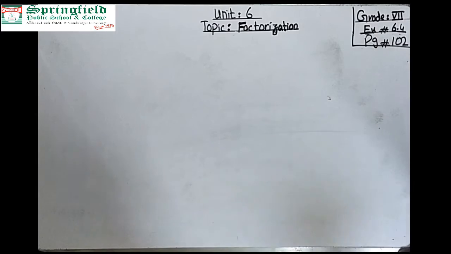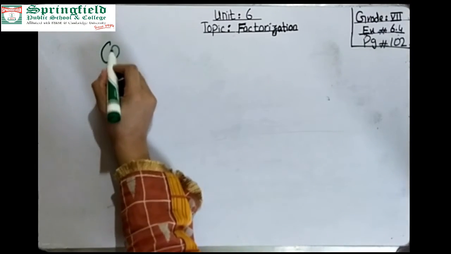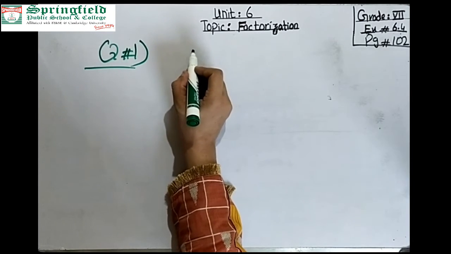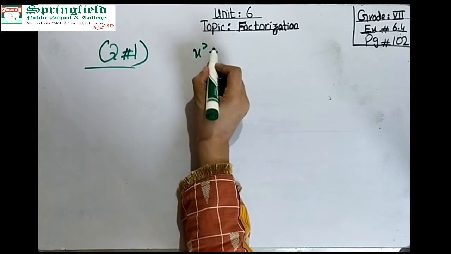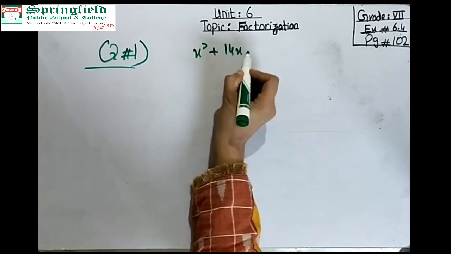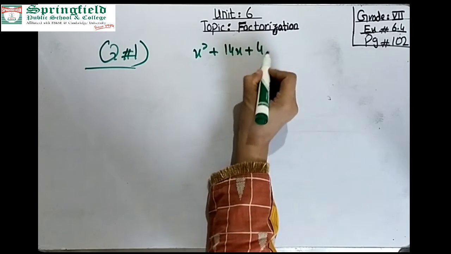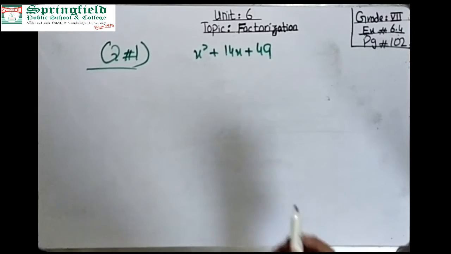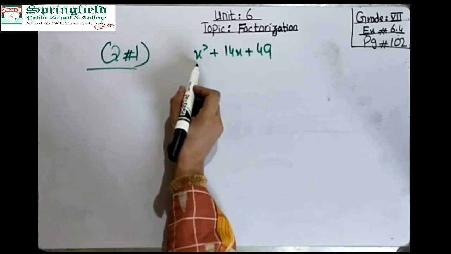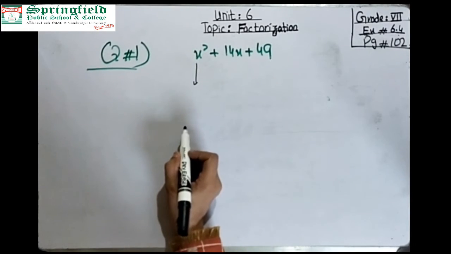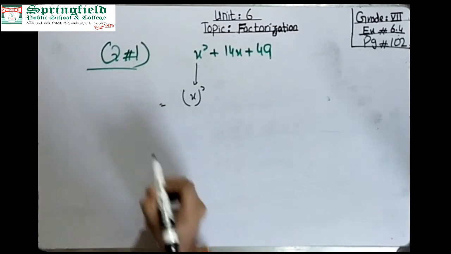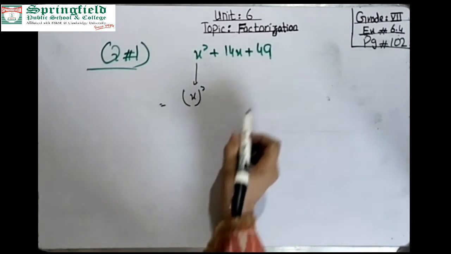Question 1 is x square plus 14x plus 49. Now how can we make the square? Okay beta, the first term is x square, so we can write (x) whole square, which is a square.